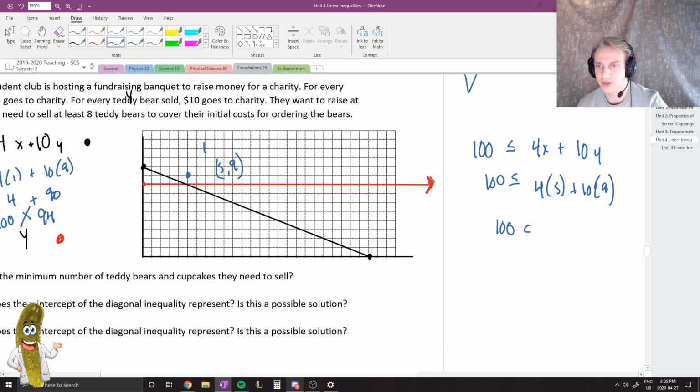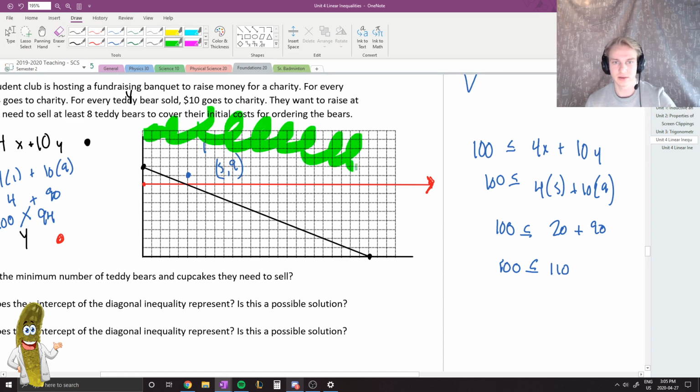And in fact, 100 is less than 110. Okay. So what that tells me then is that anything above this region here fits within my answer scheme. So I can shade in all of this region up here.